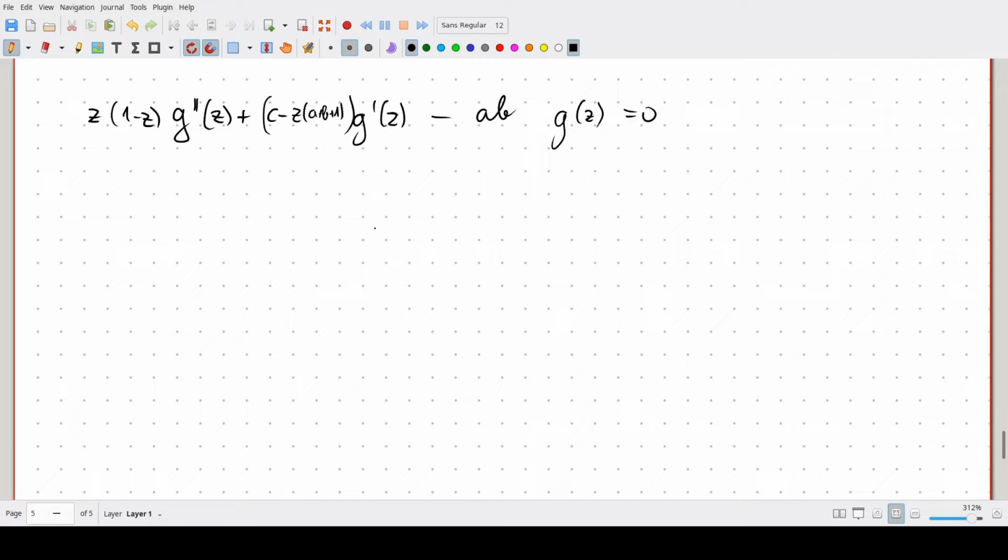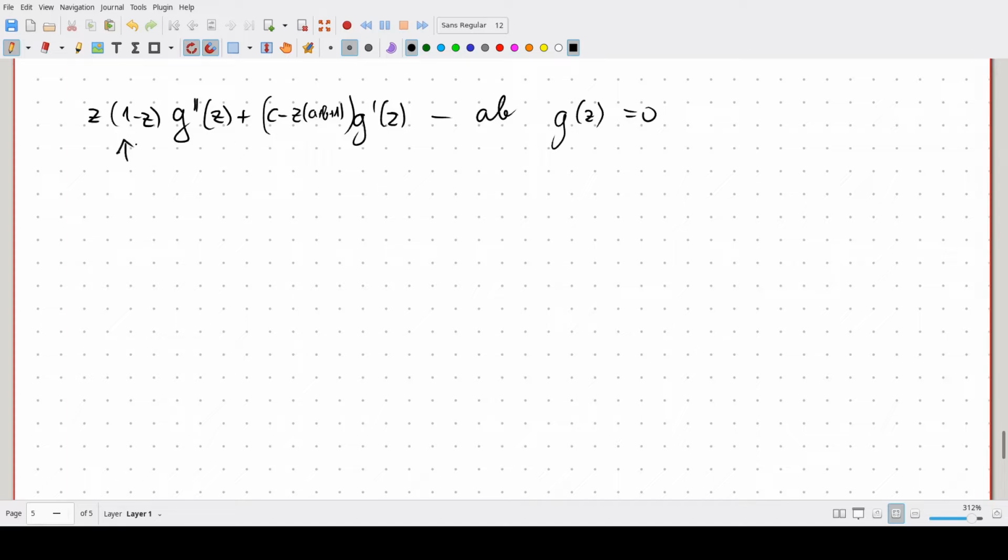look at this equation, and the keen viewer might recognize this as the hypergeometric equation. And this is really the most general equation of the shape second degree polynomial, second derivative, first degree polynomial, first derivative, constant, just a function, up to affine transformations of z itself.